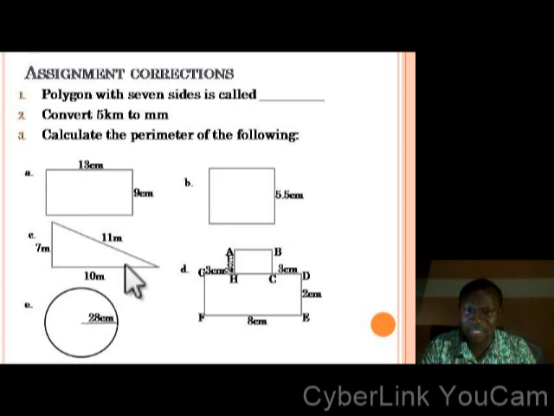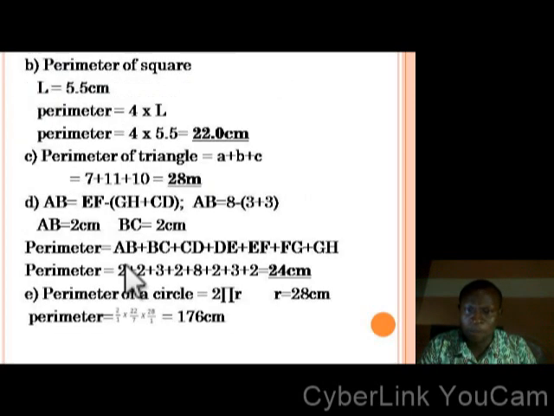Let's have a look at the solution here. Perimeter of a triangle, the formula is given as A plus B plus C. That means adding all the sides of the triangle given. It doesn't matter whether you start with 11, 7, or 10. Whichever one you start with, you add all the three numbers given. That gives you the perimeter of that particular shape.